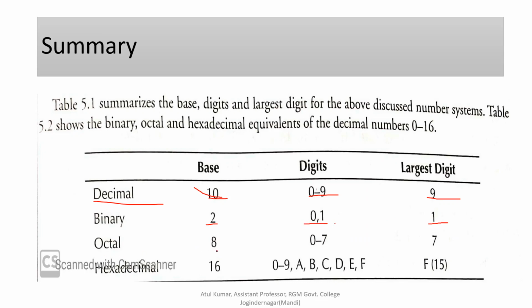In octal number system the base is 8, the total number of digits is 8, from 0 to 7, and the largest digit is 7. In hexadecimal number system the digits are 0 to 9 and A, B, C, D, E, F. The total number of digits is 16, so the base is 16 and the largest digit is F, that is 15.